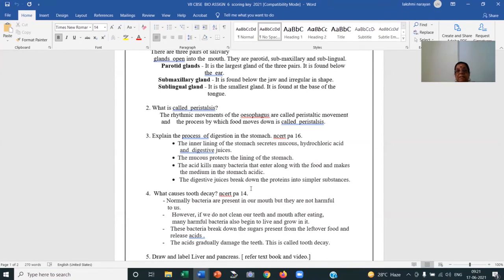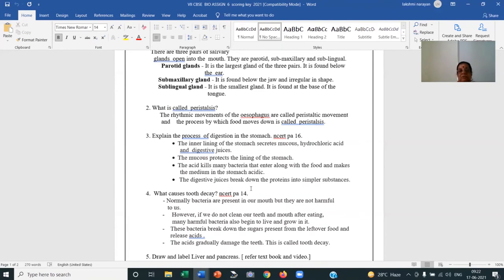It protects the lining of the stomach. And the acid kills many bacteria that enter along with the food and makes the medium acidic.